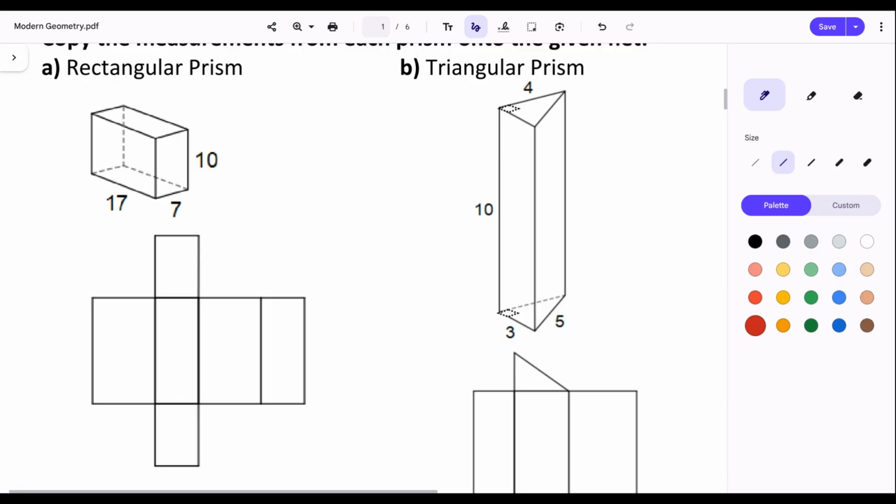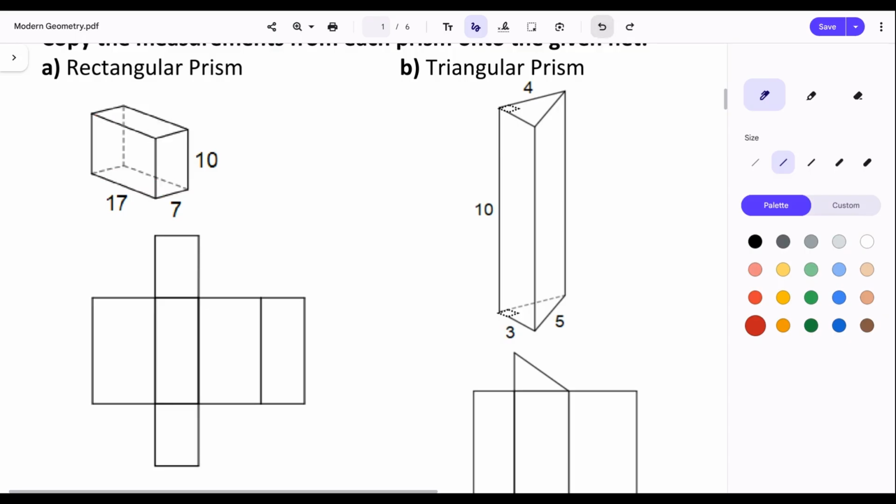Now, the tricky thing about a rectangular prism is how do we decide what's the base? Because depending on how you look at it, you might identify a base differently than somebody else. Somebody might say that the top and the bottom are the bases. Think about my classroom. I said my ceiling and my floor were my bases, okay?